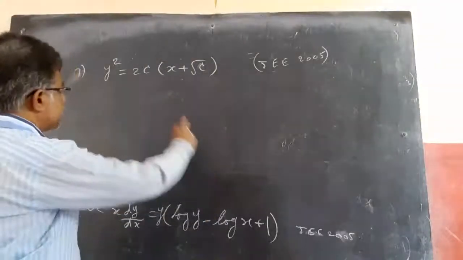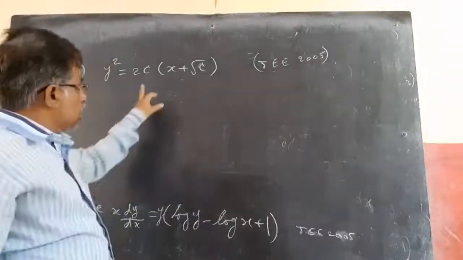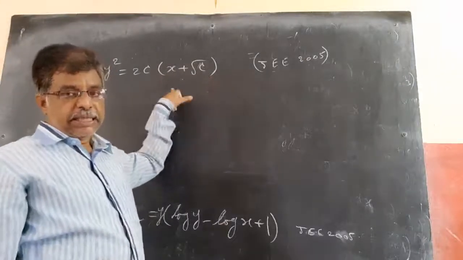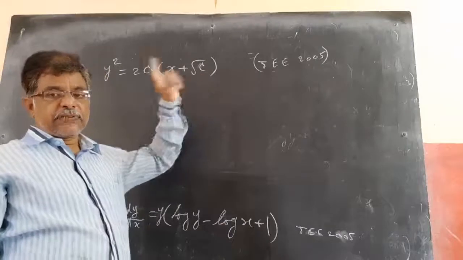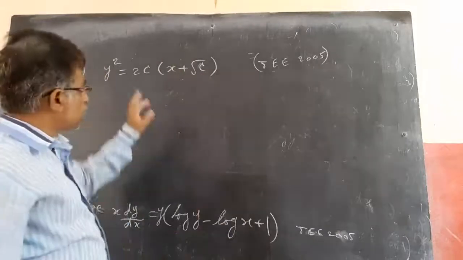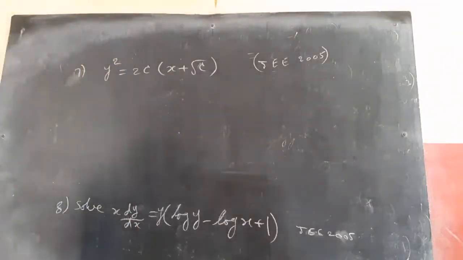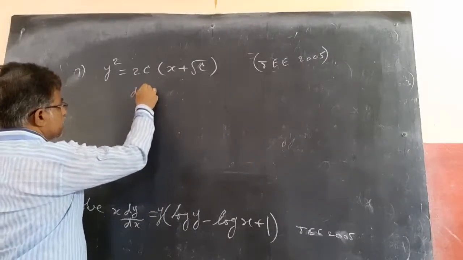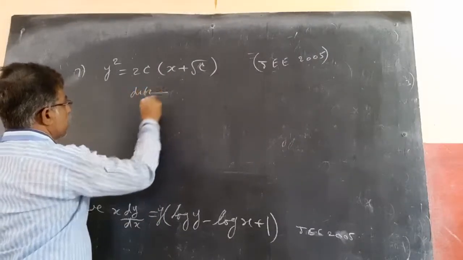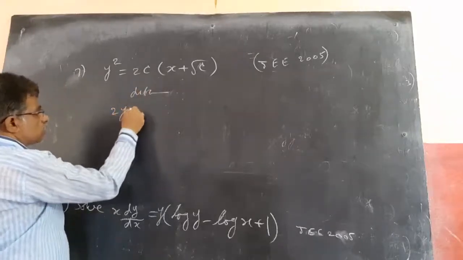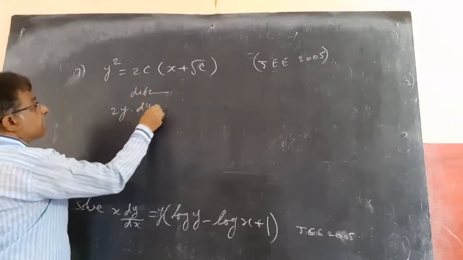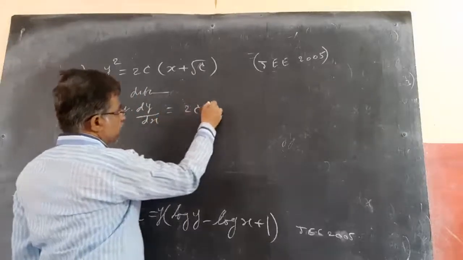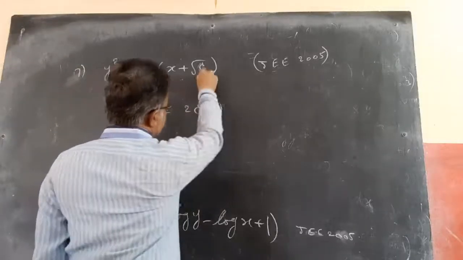How to solve? We see only one arbitrary constant in the equation, so you need to differentiate only one time. Automatically the arbitrary constant will be eliminated. How do we eliminate the arbitrary constant? First we differentiate with respect to x. So y square derivative is 2y into inner derivative dy by dx, equal to 2c into x derivative 1 and constant derivative 0.